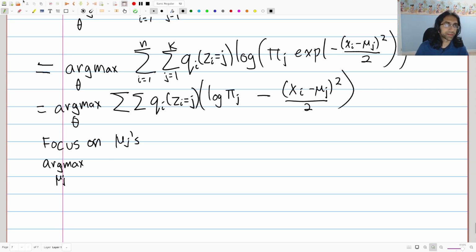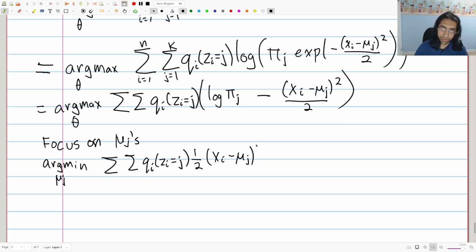I guess let's make it into an arg min by getting rid of the negation. So we have summation of qi equals j times 1/2 xi minus mu j squared. So this is just looking exclusively at this term, where we don't care about the other because it doesn't depend on mu j for now.